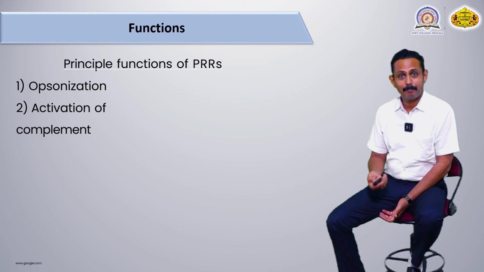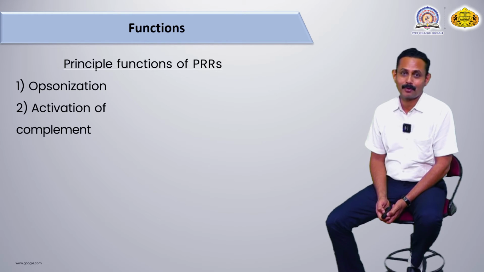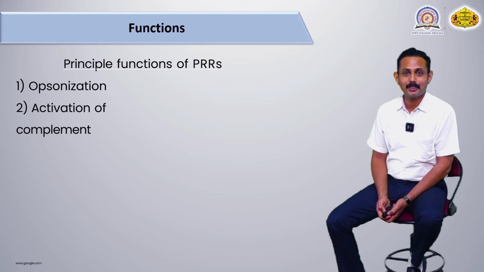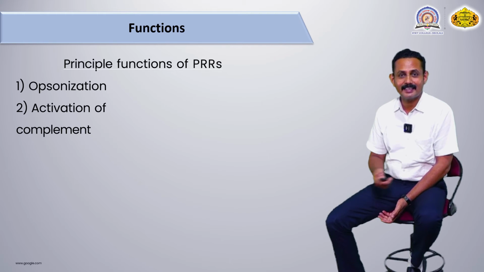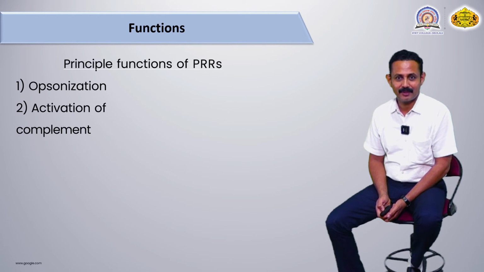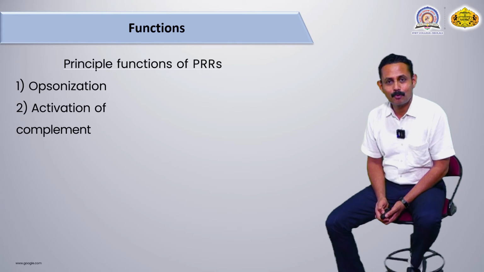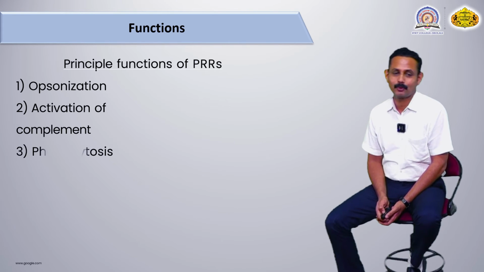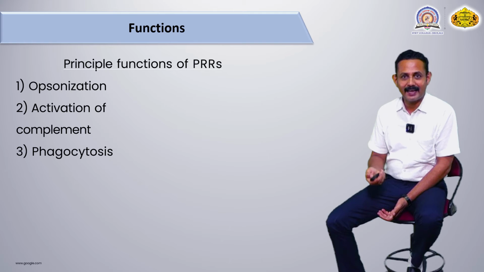Second, the pattern recognition receptors activate the different components of complement. Complement is also one of the humoral components of our innate immunity, and it acts in a cascade-like manner. So these pattern recognition receptors are themselves activators of the different pathways of complement for destruction of that pathogen. Then phagocytosis: they help bring phagocytosis into immediate action.